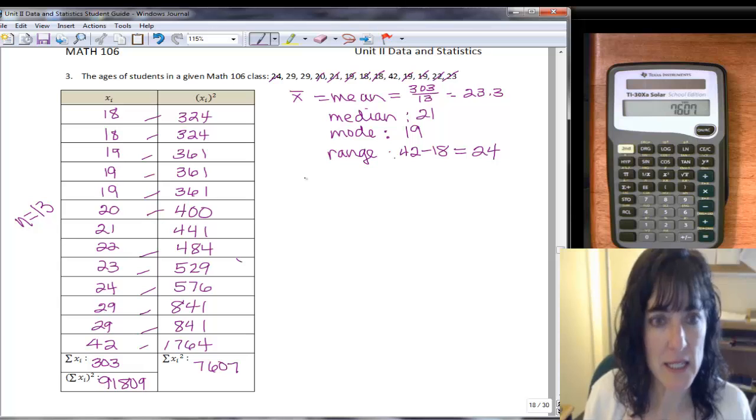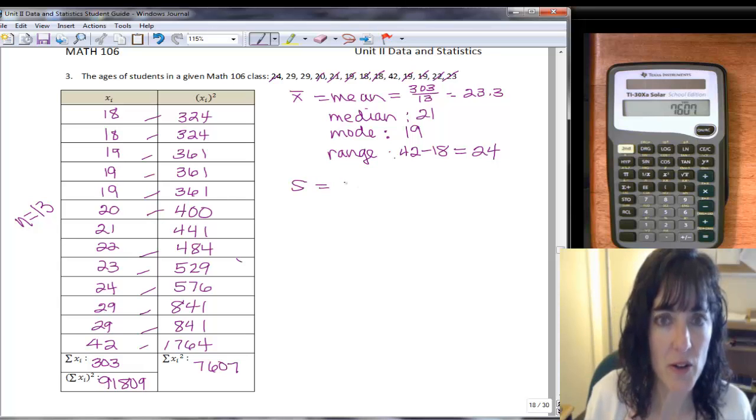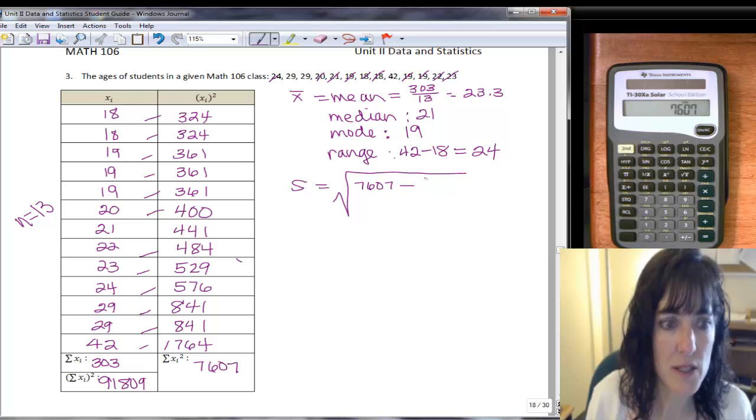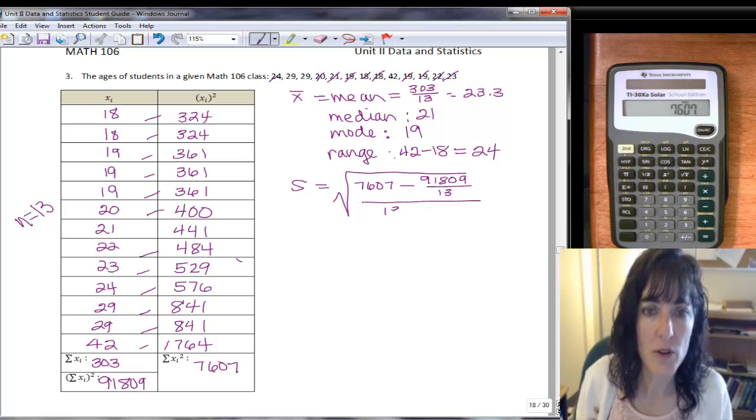So then my S, I can now calculate, is going to be the big square root of 7607 minus 91809 divided by my n, which was 13, all over 13 minus 1.